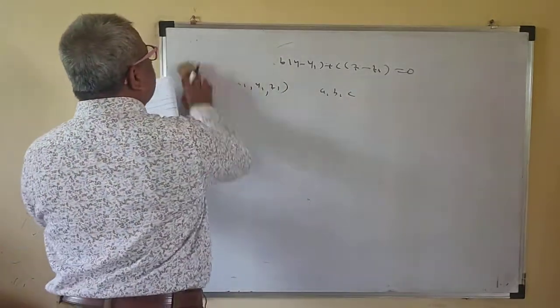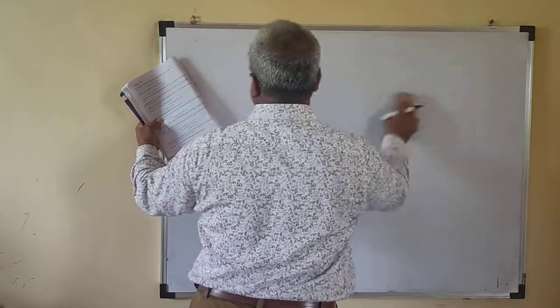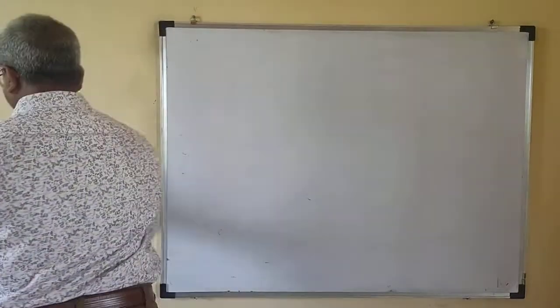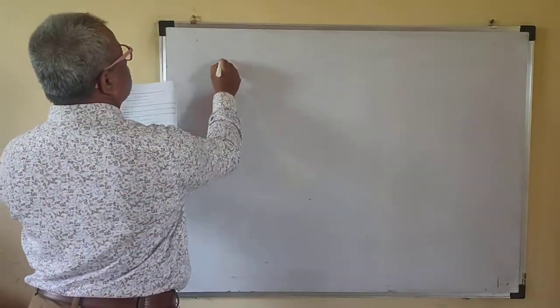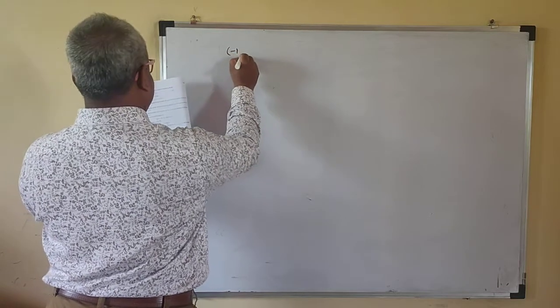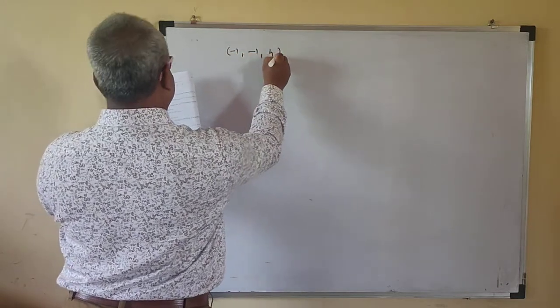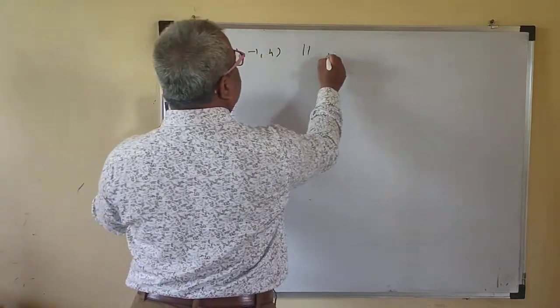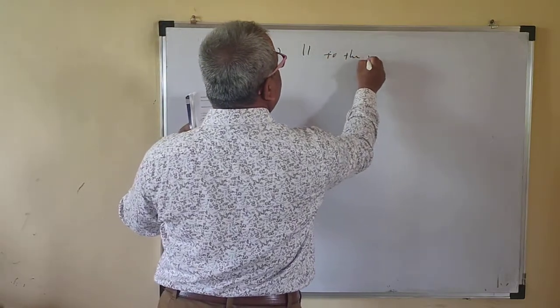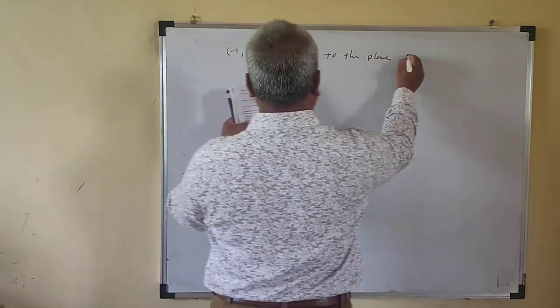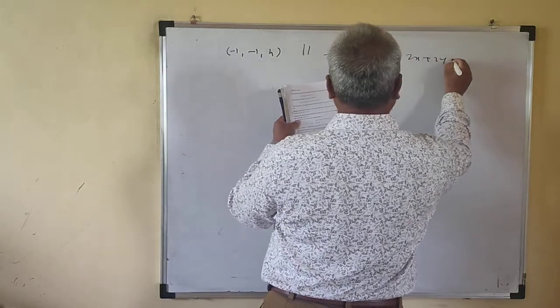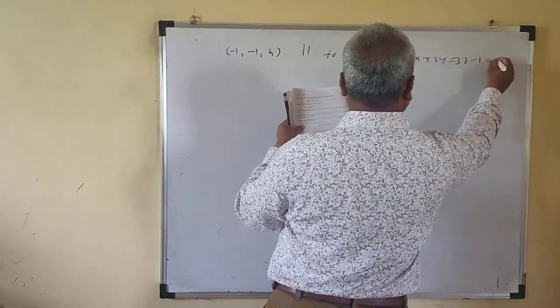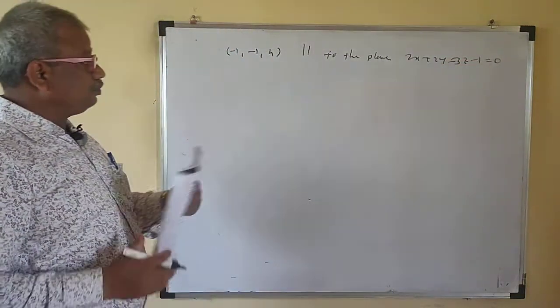Now suppose we have this problem. Find the equation of the plane passing through (minus 1, 4) and parallel to the plane 2x plus 2y minus 3z minus 1 is equal to 0.